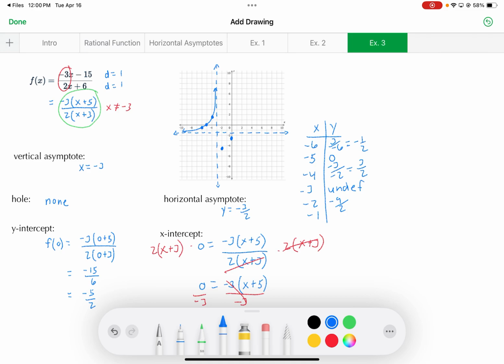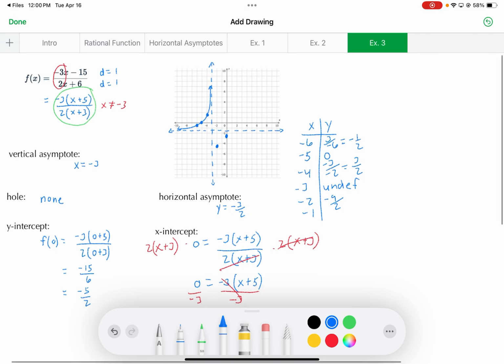Okay, and then if I plug -1 in, I'm going to get, let's see, a -12 over a 4. So that's nice, -3, exactly. And there's the second half of the curve.